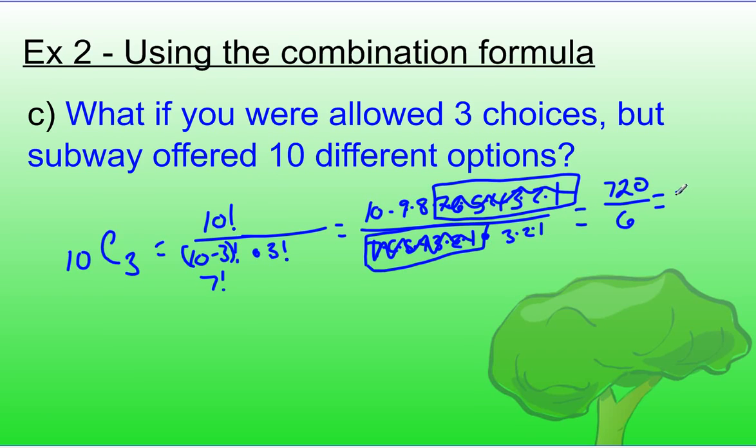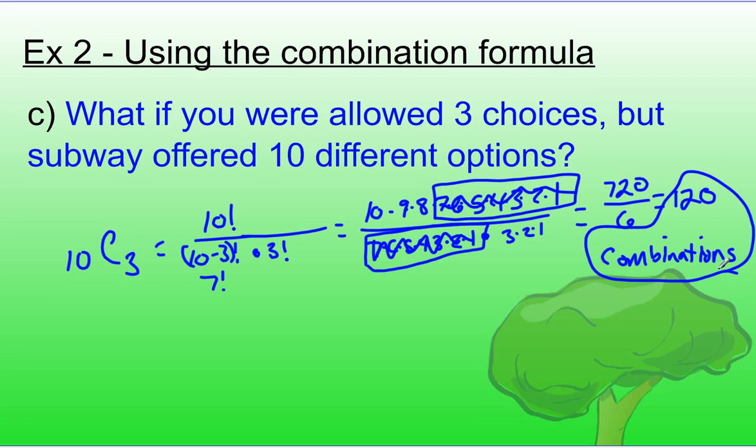You simplify and get 120. So there are 120 combinations of ways you could put your sandwich together if you had 10 options and you put 3 of them on there.